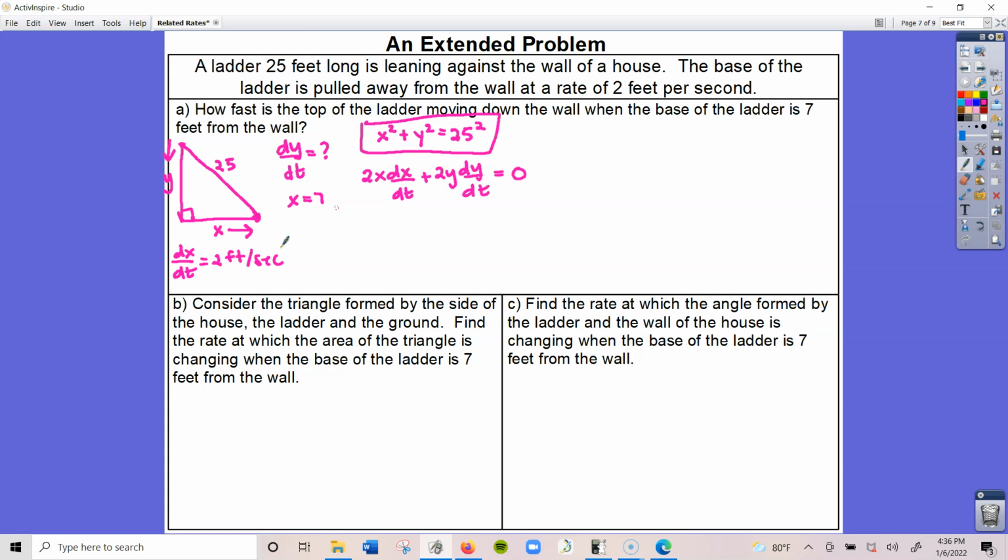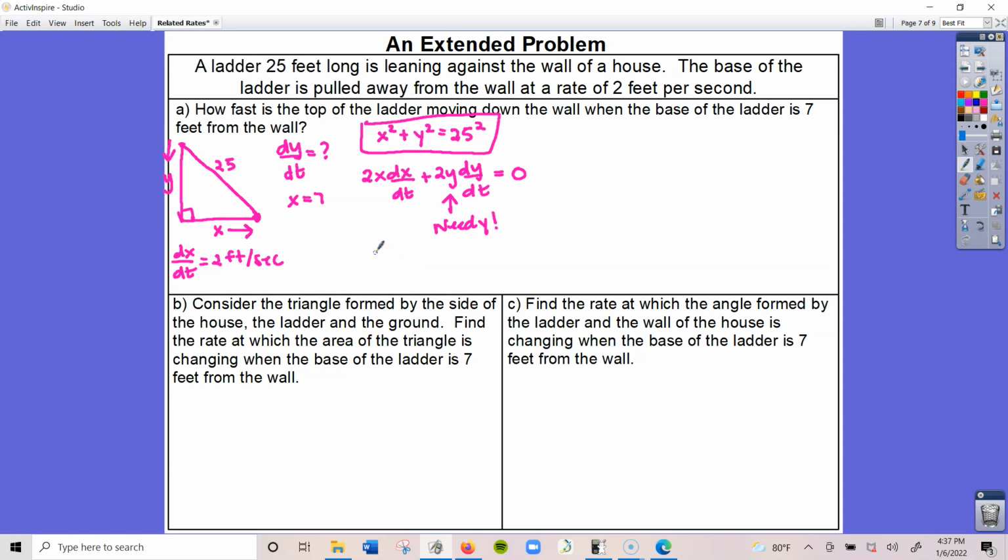I was given dx/dt, and I have what x is equal to at that particular moment in time. The problem is that I need y. In order to figure out y, and this is why I box things, I can use this equation to figure out what y is at the moment that x is 7.